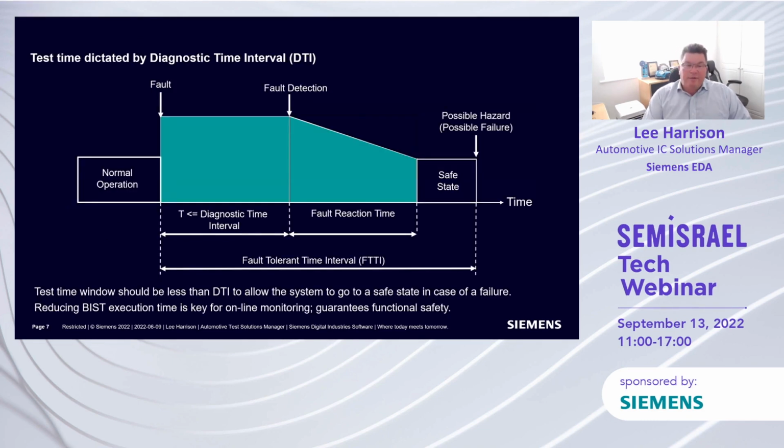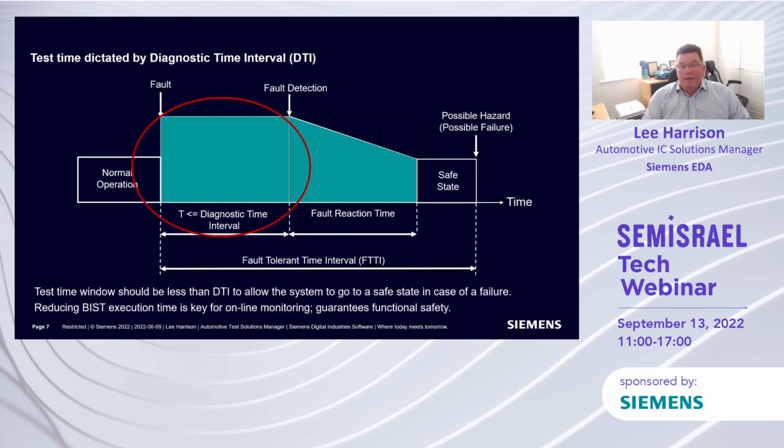Another key metric that is talked about in the ISO standard is what we call our FTTI, which is our fault tolerant time interval. This is really important because this is the time that's prescribed between when a fault occurs in the device and the time it takes to detect it. So we're really interested in this particular time here, which is the diagnostics time interval. And as I said, this is the time between the fault occurring and our ability to detect that fault.